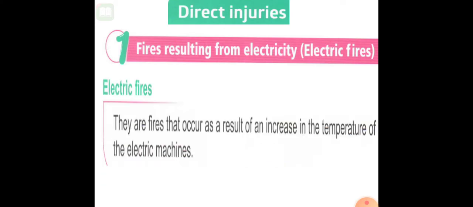Number 1, fires resulting from electricity, or the electric fires. The electric fires are fires that occur as a result of an increase in the temperature of the electric machines.